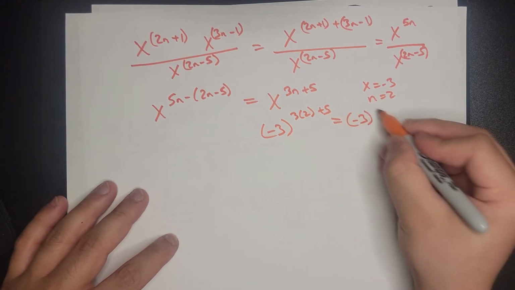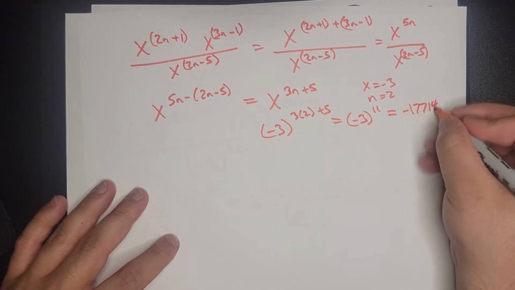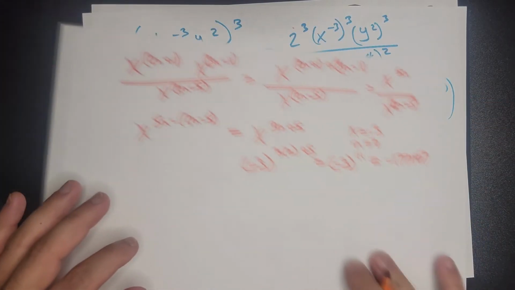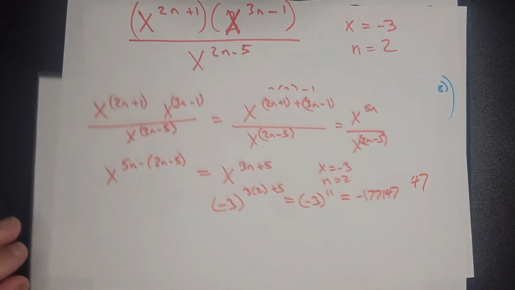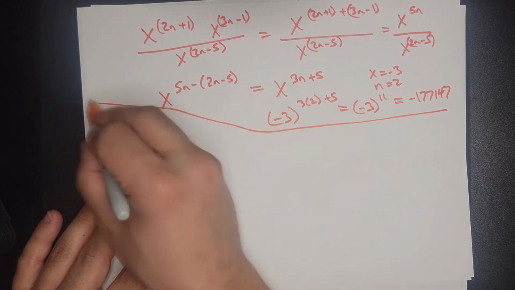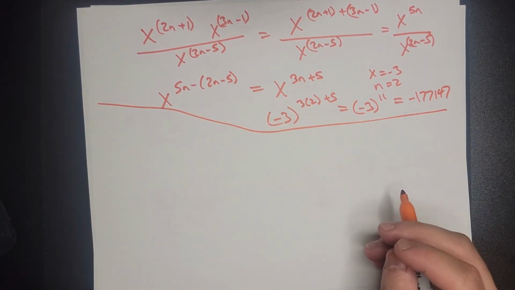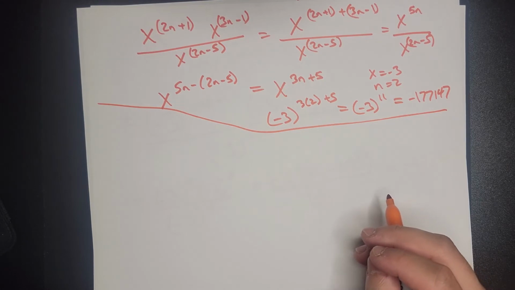Negative 3 to the power of 11 is also the same, what a coincidence. So yeah, that was just to show you how simplifying the expression before solving can save you so much time.